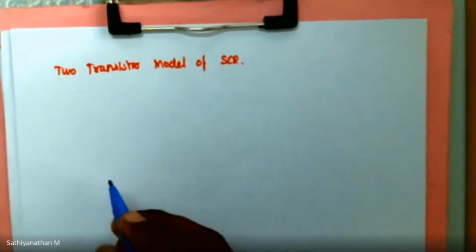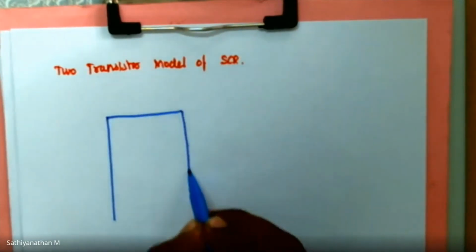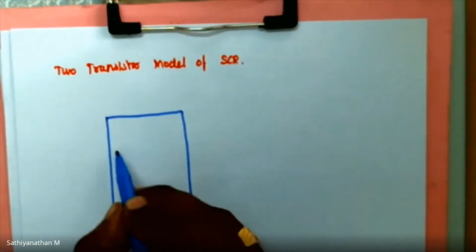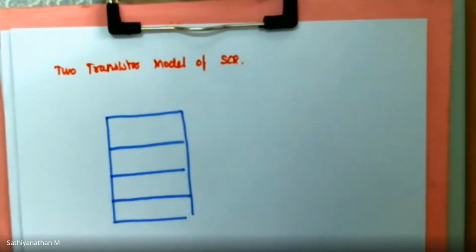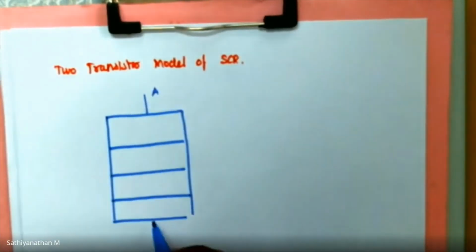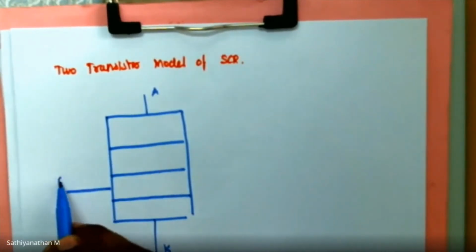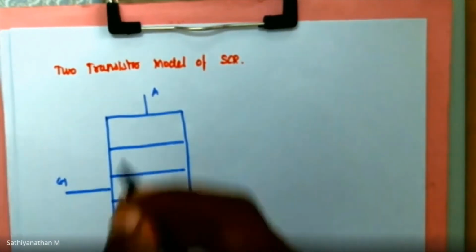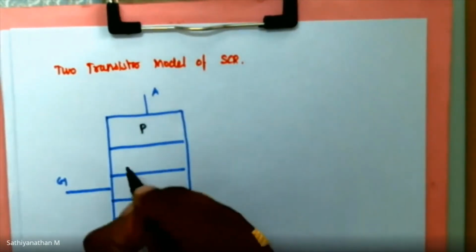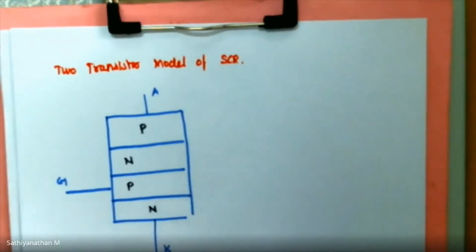If you look at the SCR structure, there are 4 layers. This is the anode, this is the cathode, and the gate is placed nearer to the cathode. This is P layer, this is N, this is P, and again this is N.